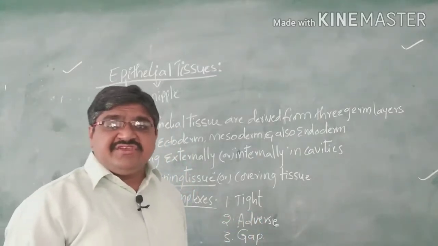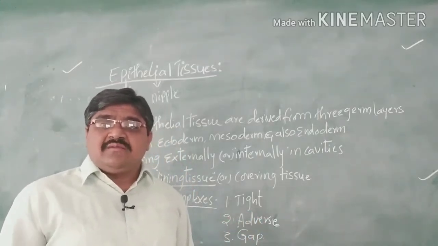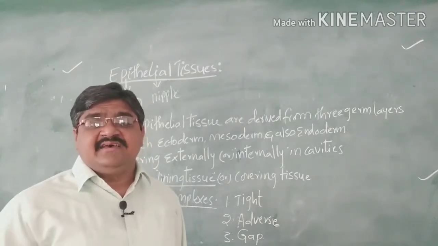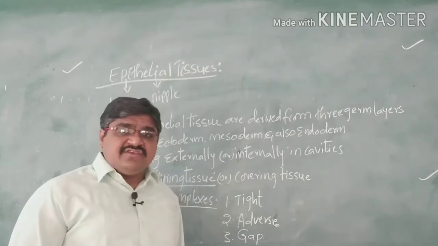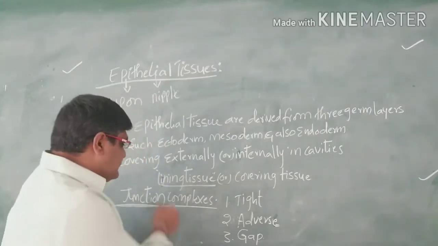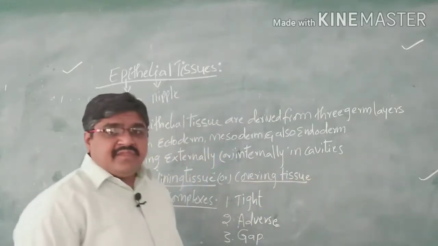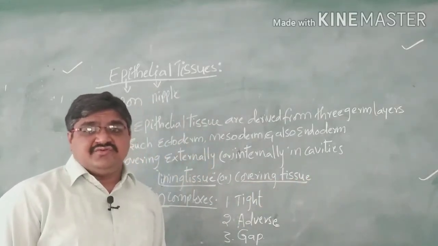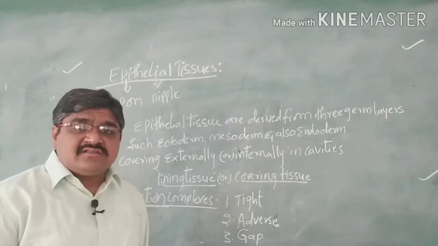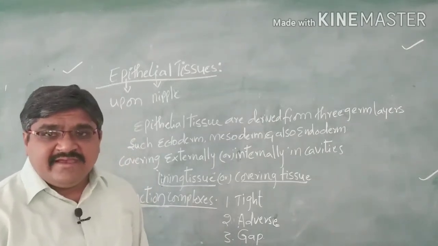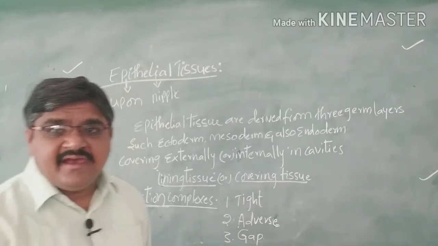These are the three junction complexes present in epithelial cells, due to which we call them lining tissues or covering tissues. Now we will discuss them one by one.